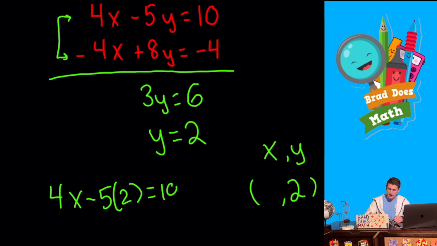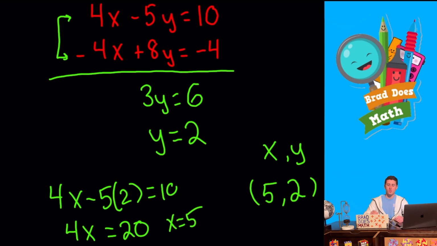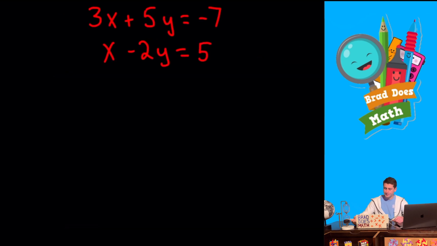So 4x minus 10 equals 10, and I'm going to add 10 to both sides. 4x equals 20, and then divide both sides by 4, and you get x equals 5. And just like that, without having to graph stuff, which would be kind of annoying, we have our answer, 5 comma 2. So not that bad, right?